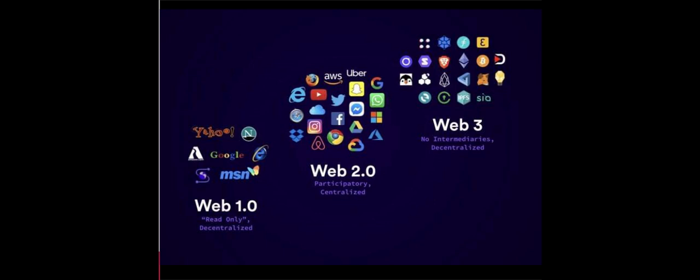Then we come to Web 2.0, which had a bit of participation from the users, and that gave birth to the rise of the social platforms, Facebook, and the rest of them. Now, Web 3.0 is decentralized, which means there is no central authority. Look back at Facebook, where everything you're doing has to be moderated by Facebook, but Web 3.0 is all about the users, and it has given rise to blockchain technology.